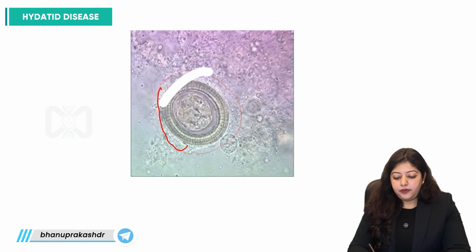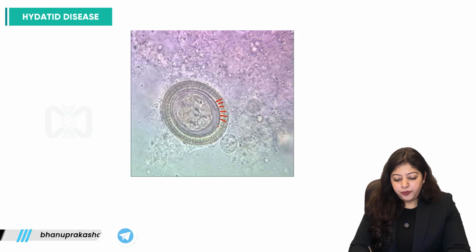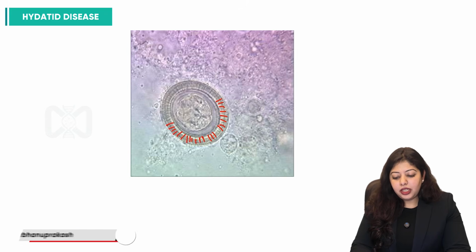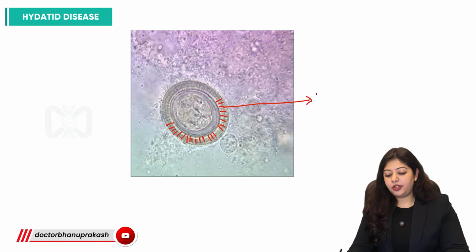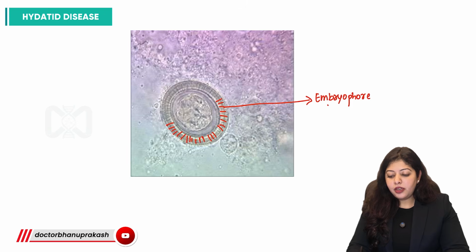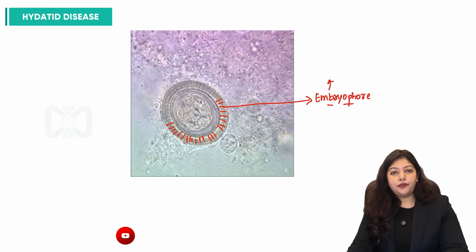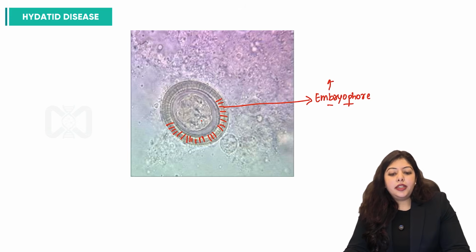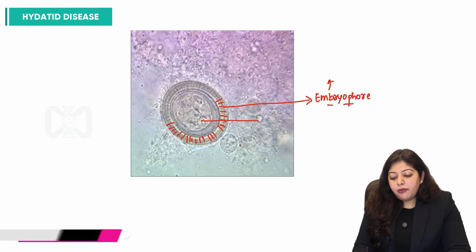If you look closely, I think all of you must be able to appreciate these vertical striations. This area having vertical striations is nothing but the embryophore, which is the outer covering used to protect the oncosphere, or the growing embryo.